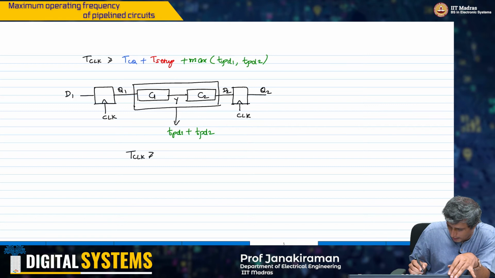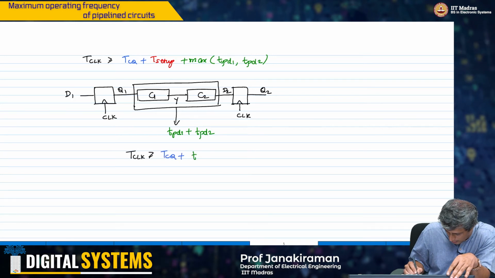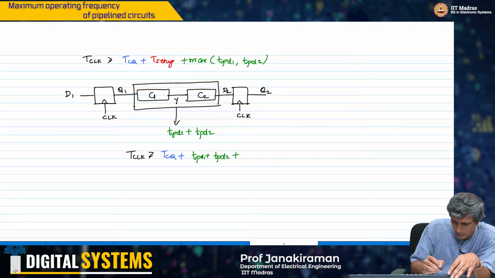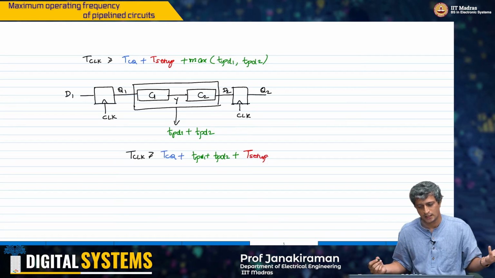T clock should be greater than TCQ plus TPD1 plus T setup, right? That's it.